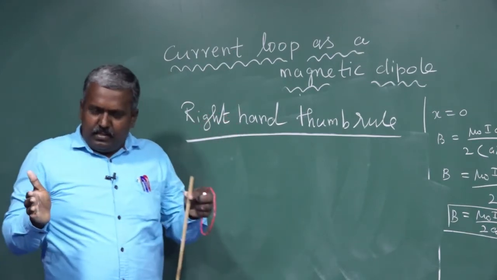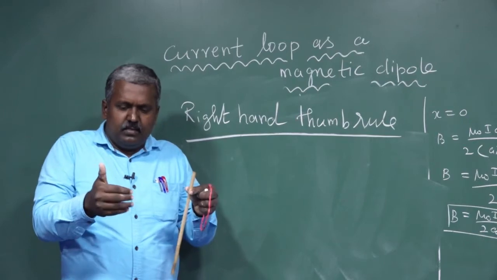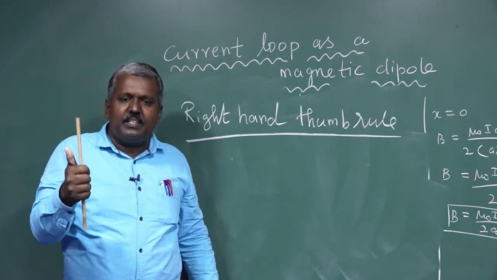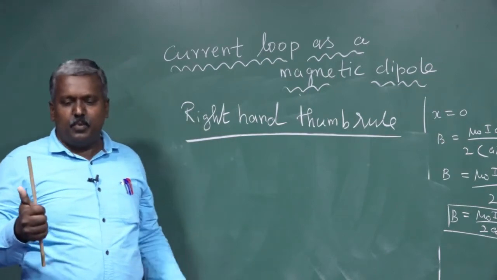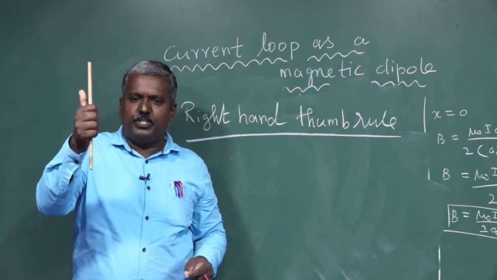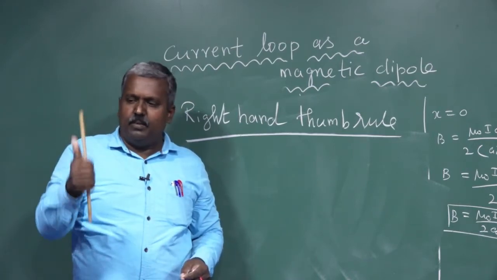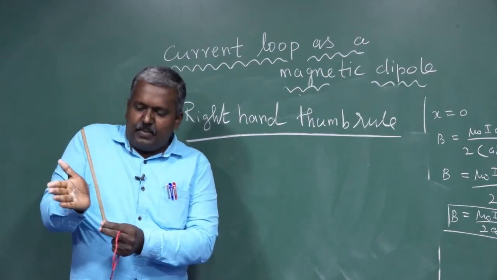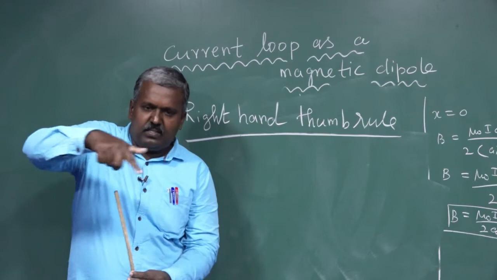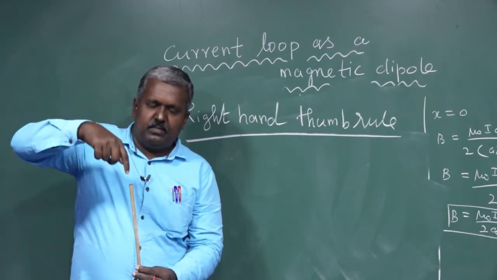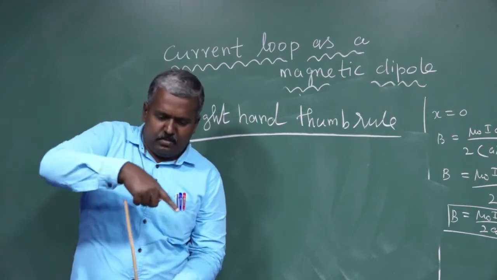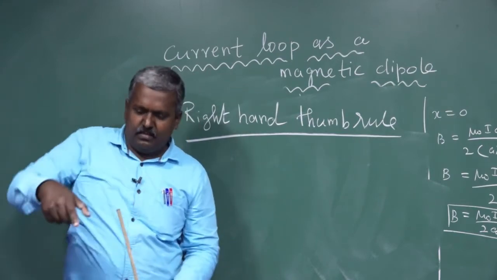These curled fingers give us the direction of the magnetic field around the conductor. Suppose the current flows upwards. What is the direction of the magnetic field, clockwise or anti-clockwise? Very good, anti-clockwise.